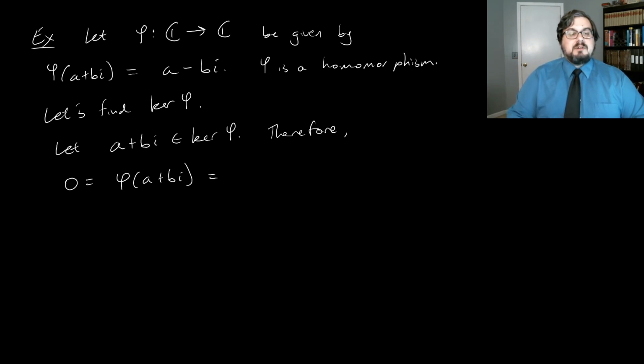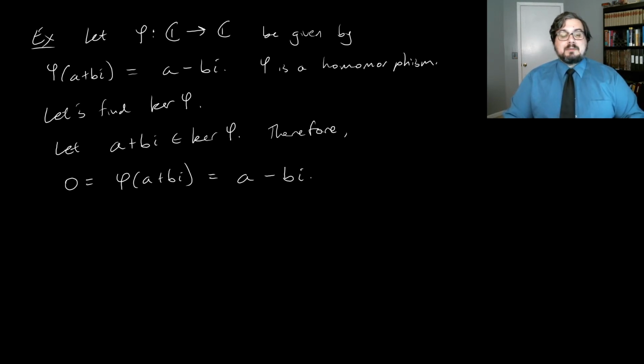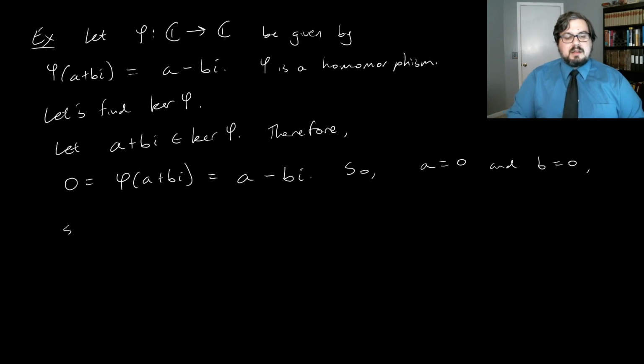But we also know, by the definition, that phi of a plus bi is a minus bi. Now, in order for a complex number like a minus bi to be equal to 0, both the real and imaginary parts have to be 0. So this means that a equals 0 and b equals 0. So a plus bi is in fact equal to 0.